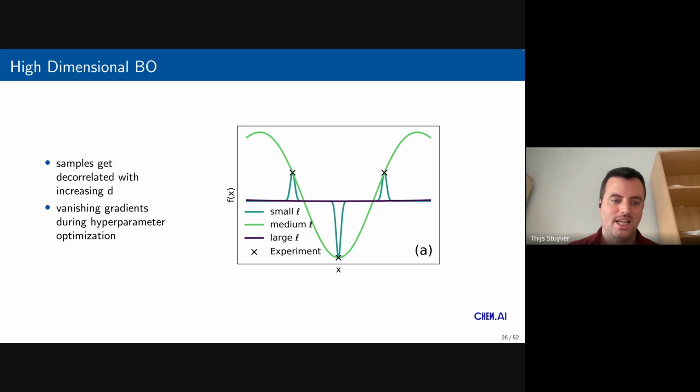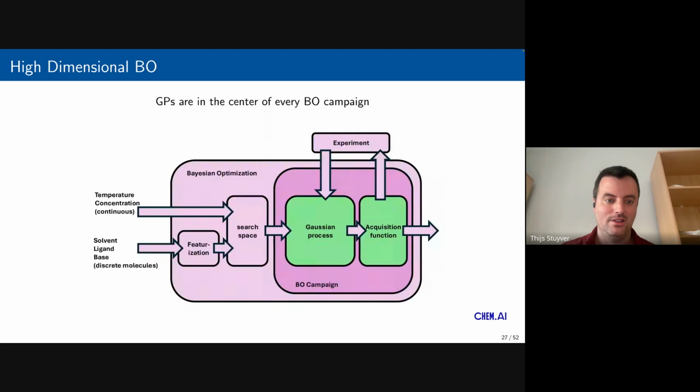Where you basically have just sharp peaks around the individual data points, and the moment you start meaningfully deviating from a previously measured point, the correlation immediately drops to 0. And so in that case, you can use this Gaussian process model to set up your acquisition function, but you're not going to do any meaningful sampling. Your campaign is dead before it even started.